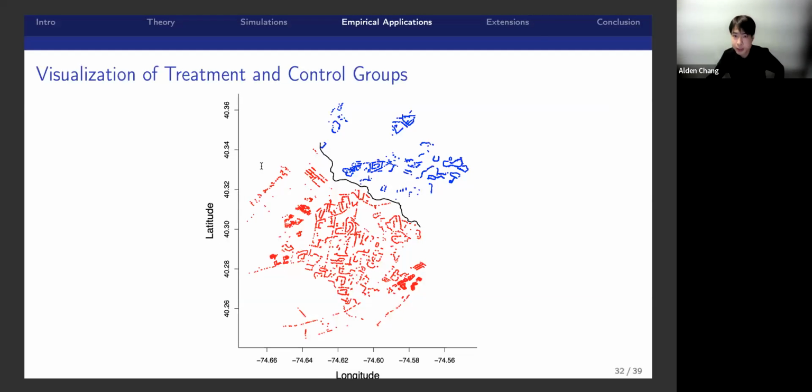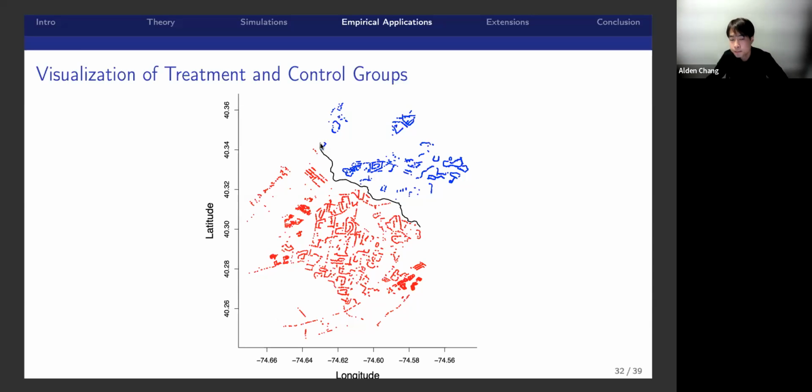So here's just to show you how it looks geographically. I actually forgot whether the blue or the red is control and treatment, but basically the X and Y axes here are the longitude and latitude, which are our two running variables.